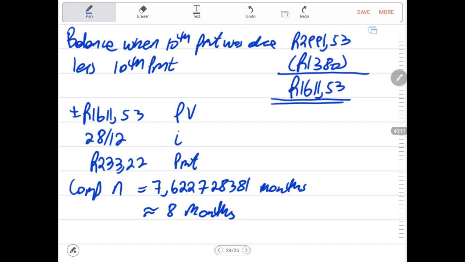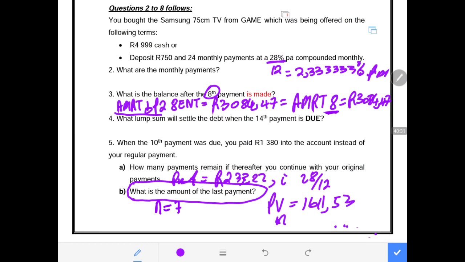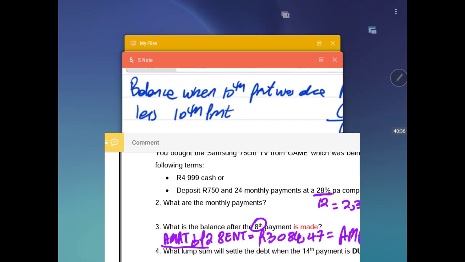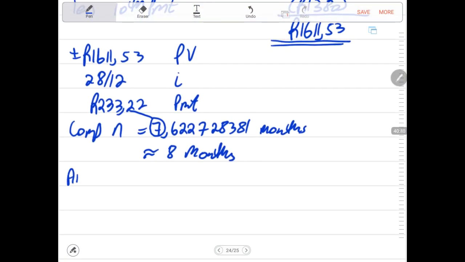So now what do we do in the calculator? We need to say amount 7, because we know that 7 payments of 233.22 will be made, but the last payment will be smaller, and that is what they are asking for. They want to know what is the amount of the last payment, and we did this in the future value of an annuity. So now we need to say amount 7.